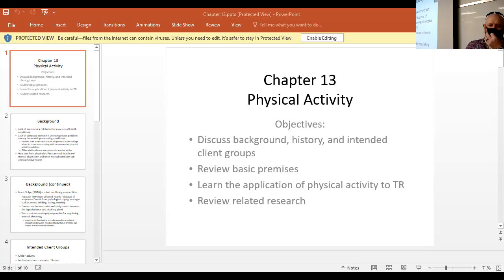I've seen it happen. There's a connection between the mind and body, and it occurs between the hypothalamus and the pituitary gland. And we're not in A&P class, but that's where the connection kind of comes together. Those two structures are largely responsible for regulating our internal physiology.